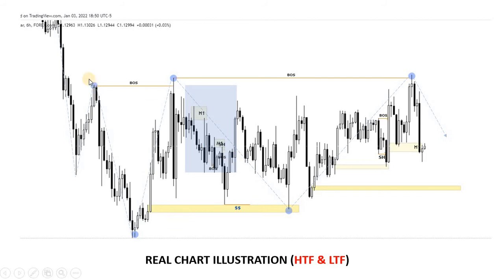So we have the higher time frame structure. We have the low, high, low, bullish break to form higher high, higher low, higher high. You see price almost coming down. Okay, so this is just showing us how to map out our structure.